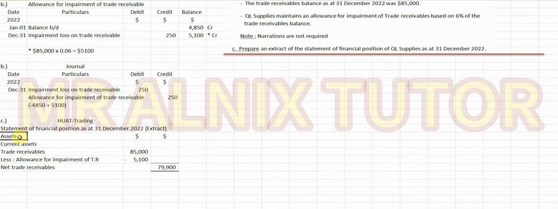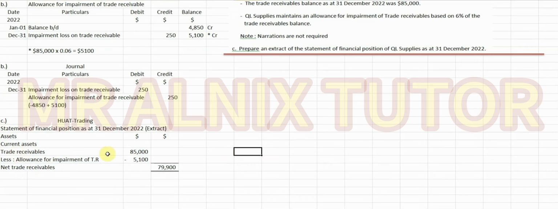Trade receivable is under current assets, and then come to the next one, your trade receivable, less your allowance for impairment of trade receivable, and then total net trade receivable. This is the format. Then we fill in the blanks.